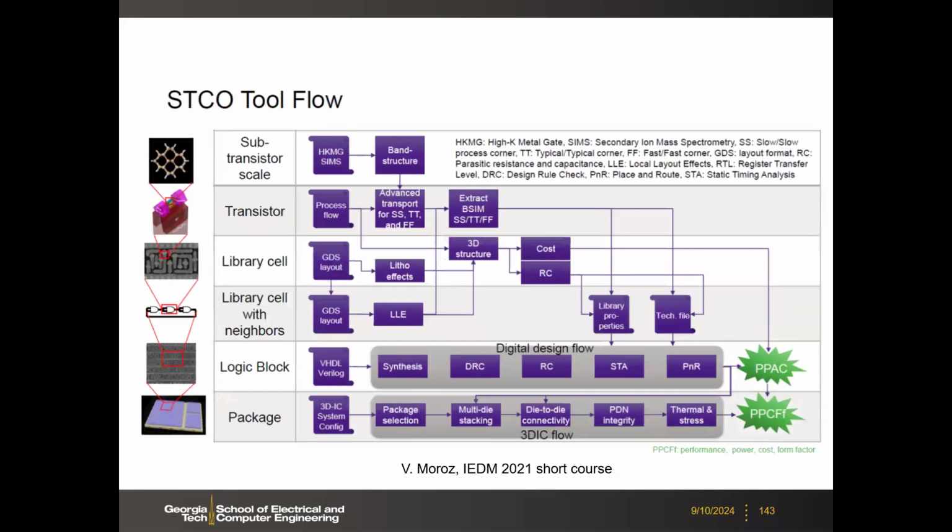And even nowadays, people are talking about STCO, system technology co-optimization. On top of DTCO, they add the package level design consideration and also the 3D-IC design flow to really consider the thermal, the power delivery, all kinds of issues on top of the performance and area.